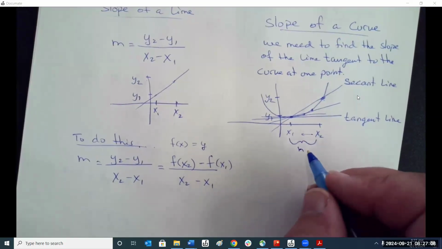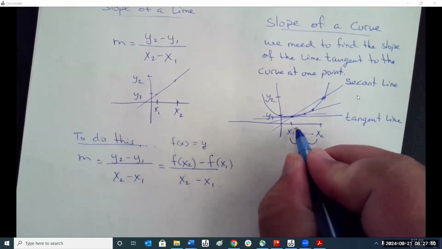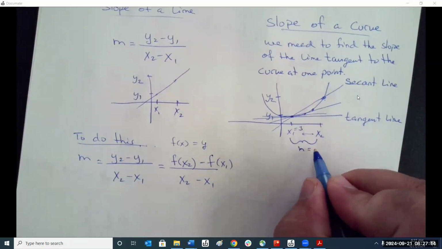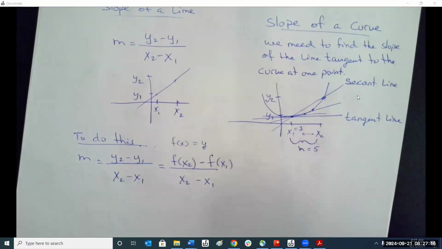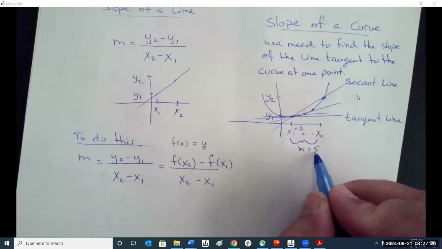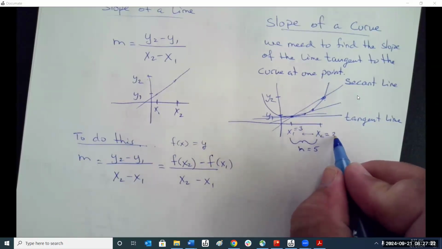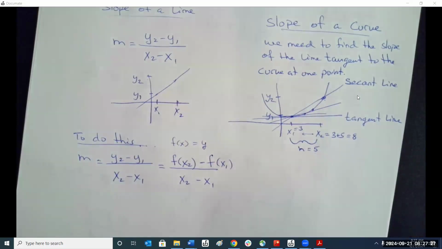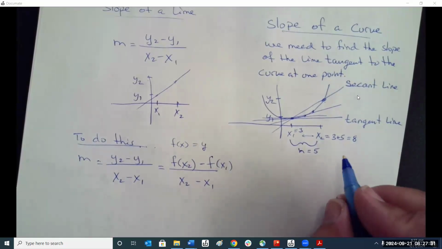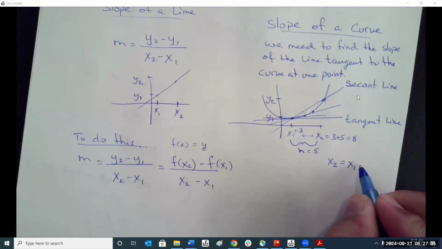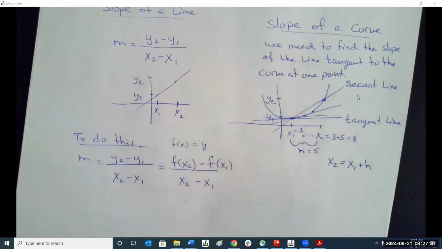H is whatever distance it is. So what is it used for? Let's say x1 was 3, and the size of h is 5. If we start at 3 and we go 5 units, then x2 is 8. So x2 is equal to x1 plus whatever h value we have.